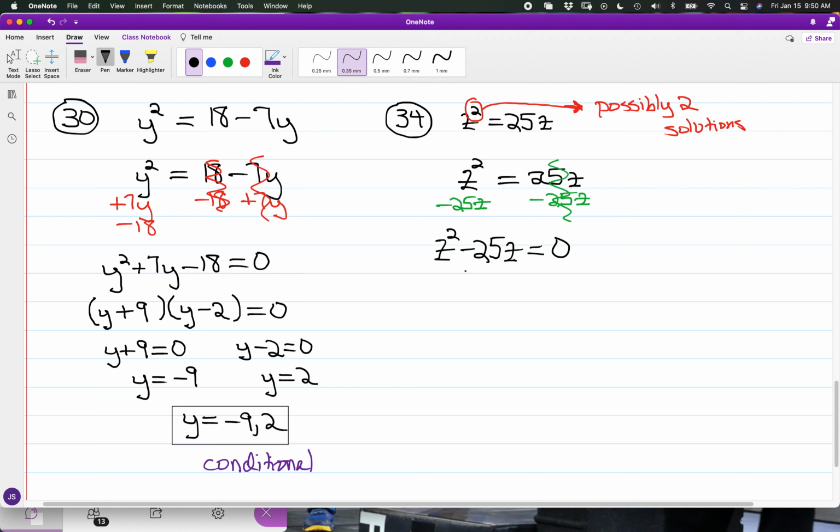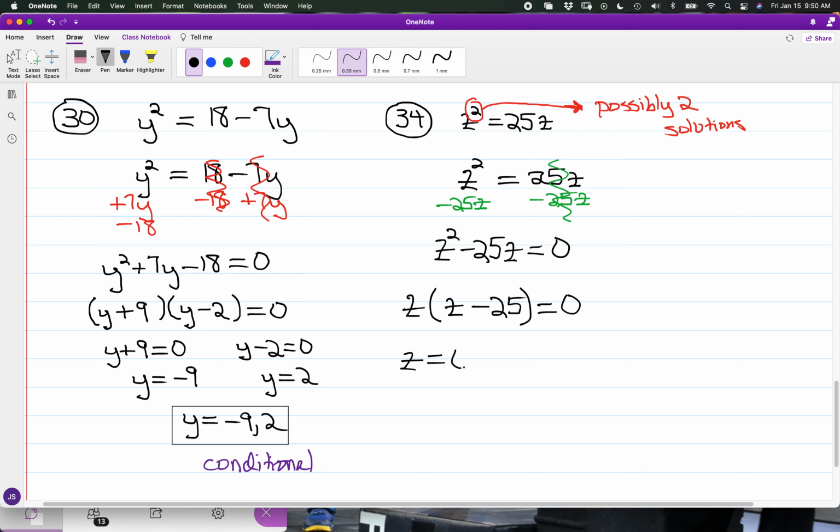Now it looks like a difference of squares, and it would be if I had just z squared minus 25. But since we have at least 1 degree of z common to both terms, we have z times the quantity z minus 25 is equal to 0, and utilizing the zero product property, the first factor is z.